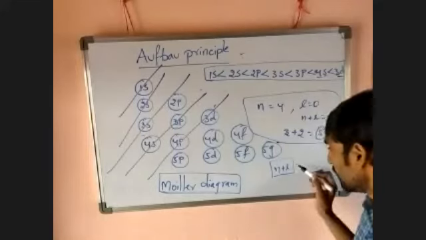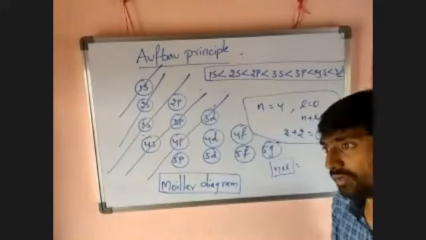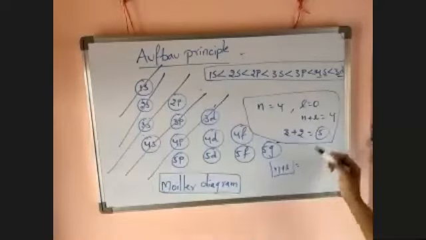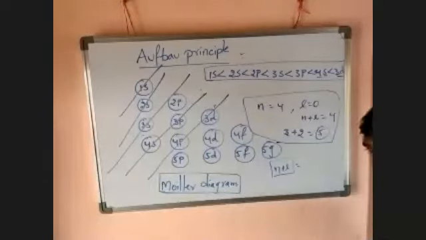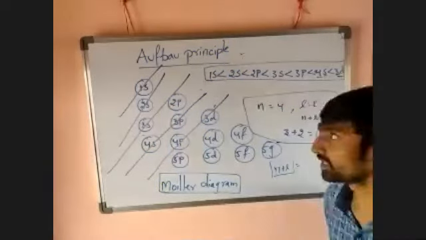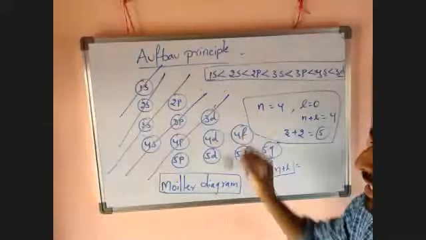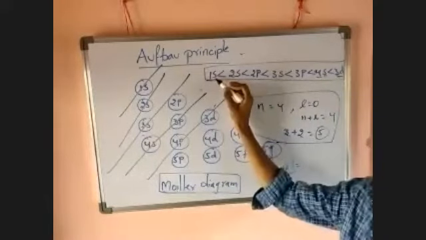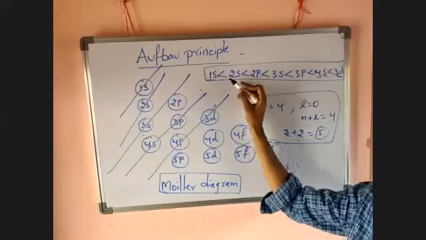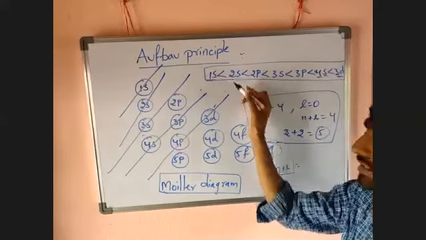The orbital with the least n plus l value is the lower energy orbital. The orbital with a higher n plus l value has higher energy than the other one. For example, 1s: n equal to 1, l equal to 0, n plus l value is 1. For 2s, n equal to 2, l equal to 0, n plus l equal to 2.